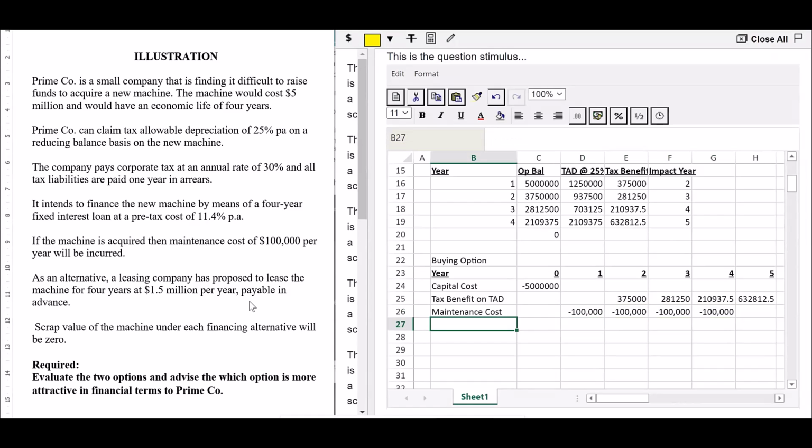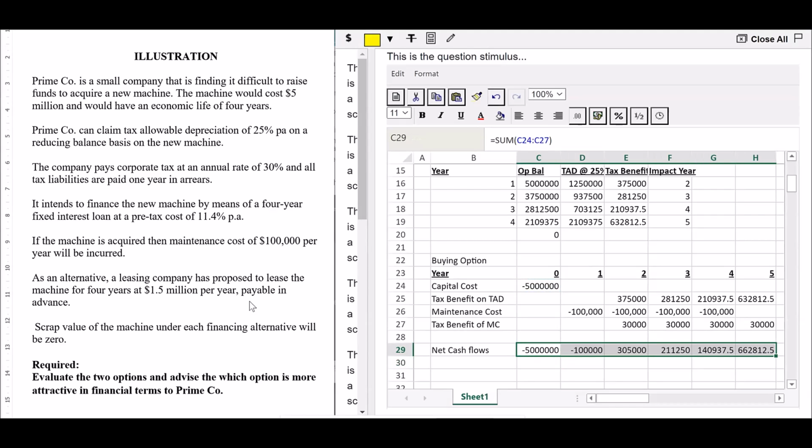And on those maintenance costs, we're going to have tax benefit of maintenance cost, which is going to be in arrears at the rate of 30% from 2 to 5. And finally, we've got all the cash flows, the net cash flows, taking the sum equal to sum, selecting all the cash flows. We've got beautifully got the cash flows, and now we're finding the present value of the buying option.